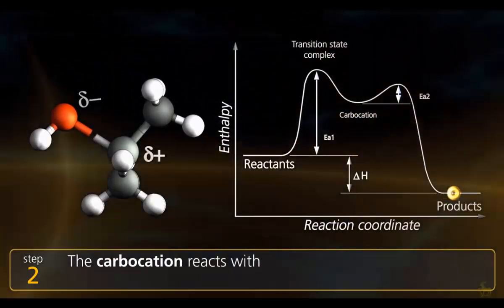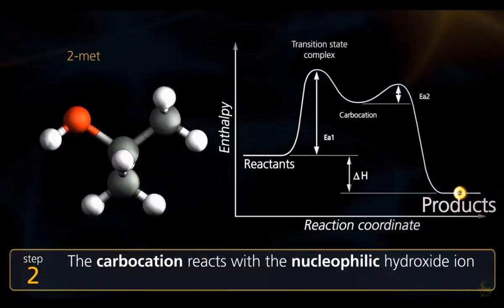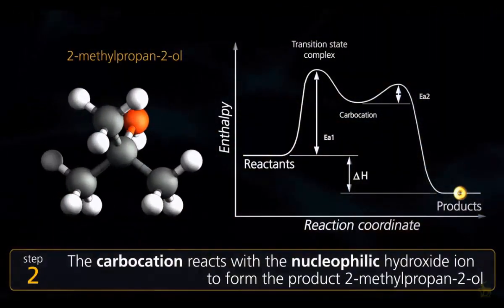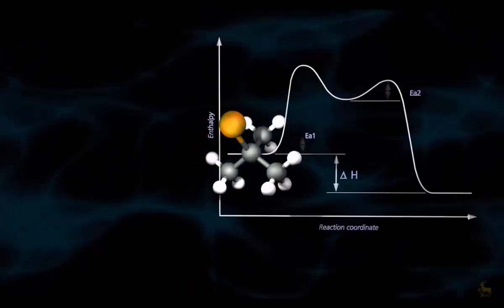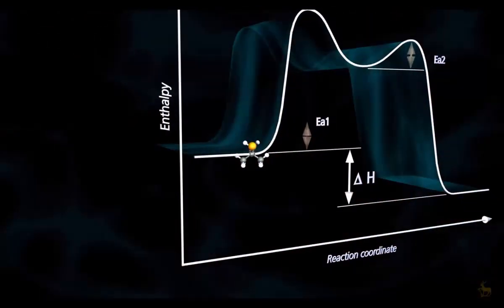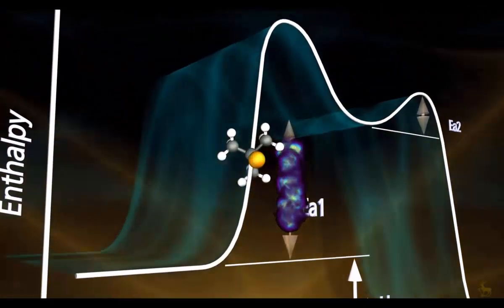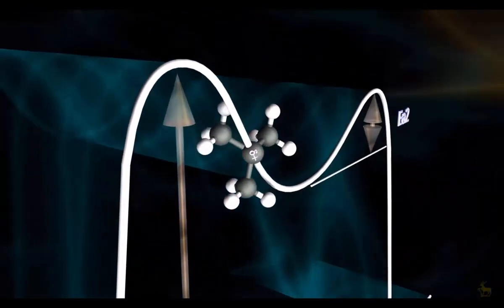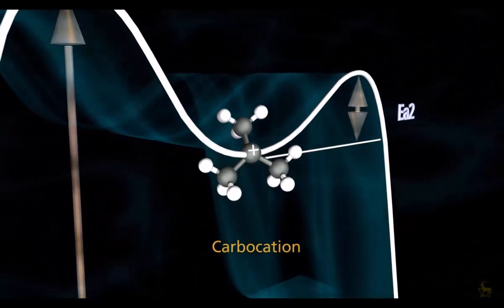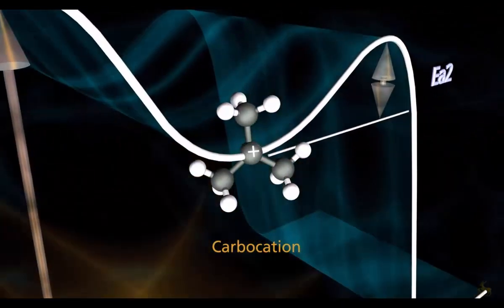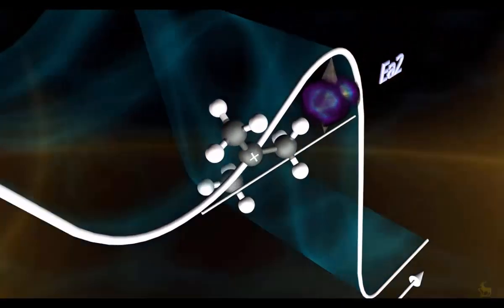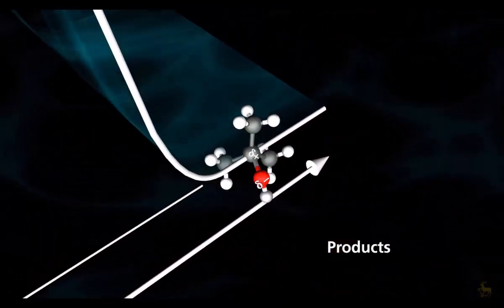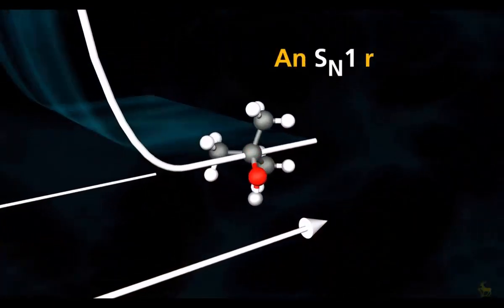The carbocation reacts with the nucleophilic hydroxide ion via a second transition state to form the product 2-methyl-propan-2-ol. Transition state, carbocation, EA2, Sn1 reactions.